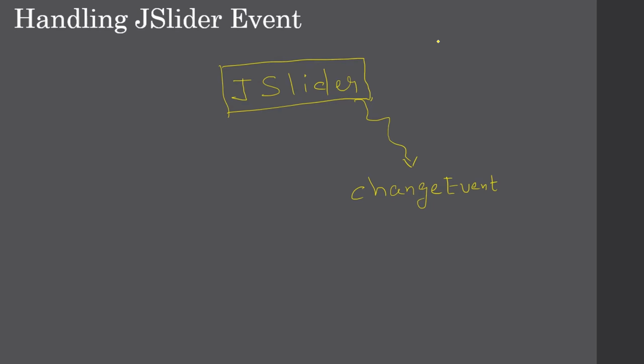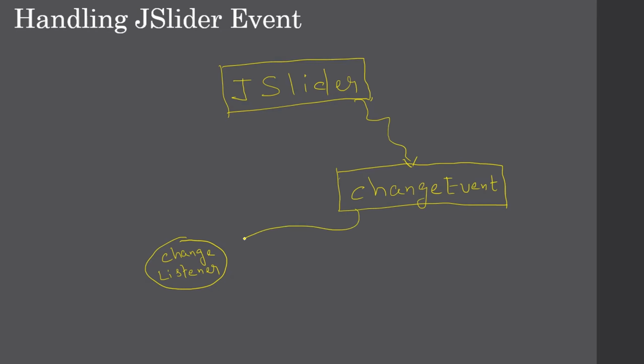So when the knob moves, that means the user is setting a new value just by moving the knob of the slider. So for each value change, we will get a change event. So this will be sent to a change listener. So when a change listener is registered to this, we will get this change event to that listener.